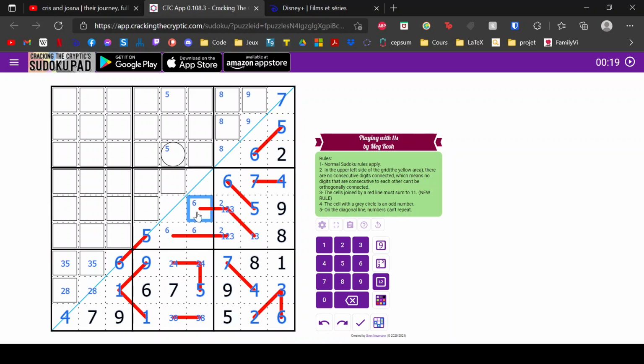So it's either a 6 with a 5, a 7 with a 4, or an 8 with a 3. Okay. I don't remember now what I did. I have the 5 there.